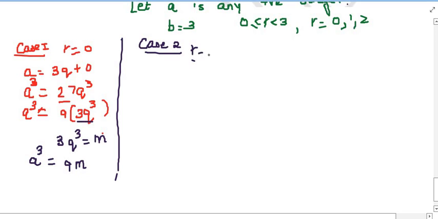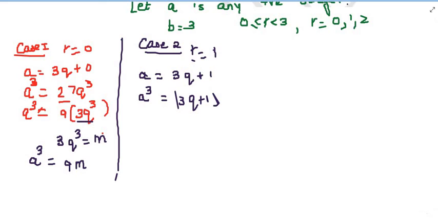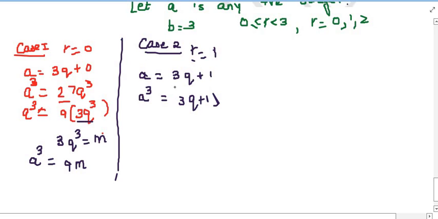Now we will take case 2. When r is 1, so a will be equal to 3q plus 1. We will cube both the sides. A cube will be equal to (3q plus 1) cube. Okay, here we will be using the formula of (a plus b) whole cube.